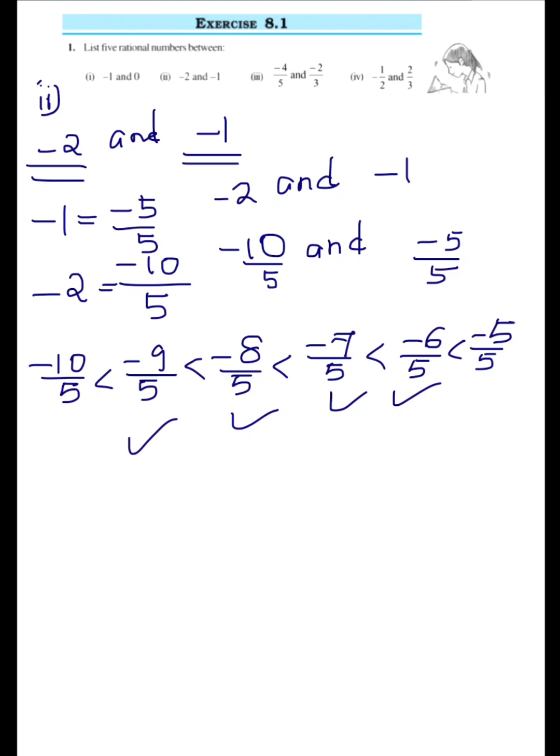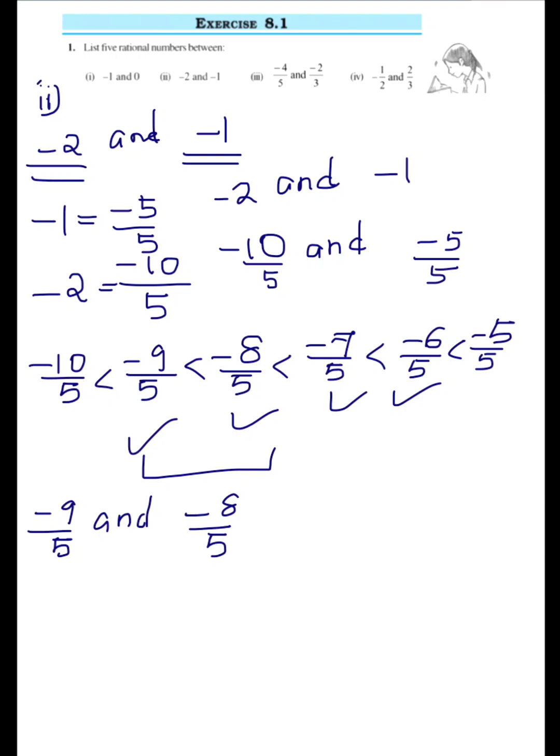Now again you need one more rational number. For that you can take any 2 rational numbers and find the numbers in between. I am taking these 2. That is, I am going to find rational numbers between minus 9 by 5 and minus 8 by 5. You cannot find any rational numbers further in between these, so we can again convert their denominators to be the same.